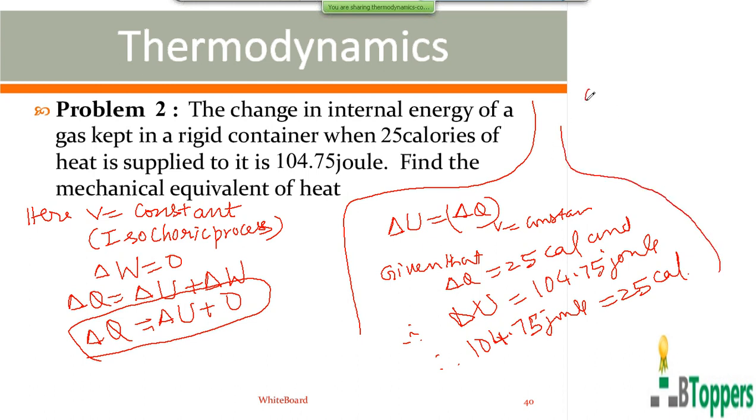Therefore 1 calorie can be written as 104.75 by 25. So you can multiply the denominator by 4 and simplify it further. If you simplify this, you get 1 calorie equal to 4.19 joules.